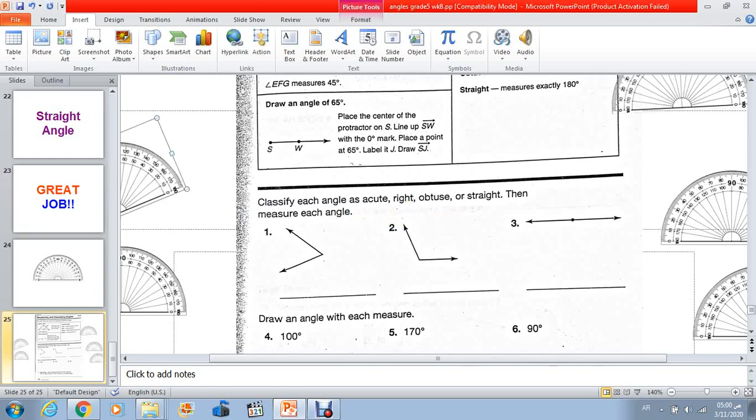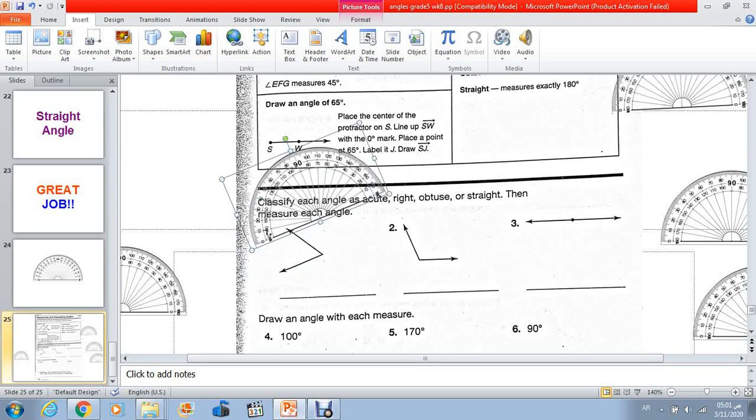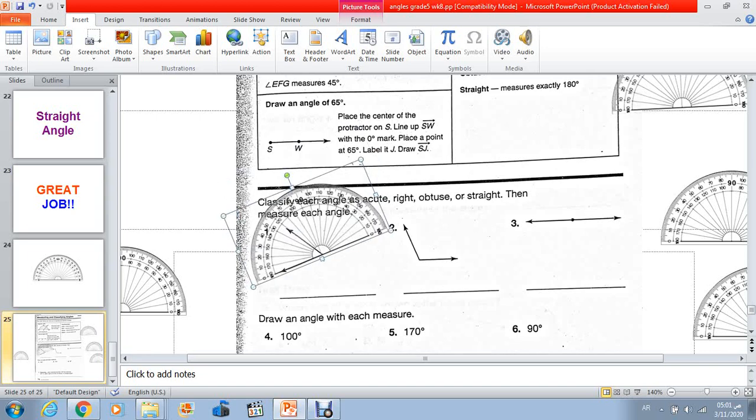Let's now put the protractor over this line, just like it is. Will we count from the right side or the left side? We will count from where the arrow is pointing. Here the arrow is pointing towards the left side, so we will start from the 0 here.